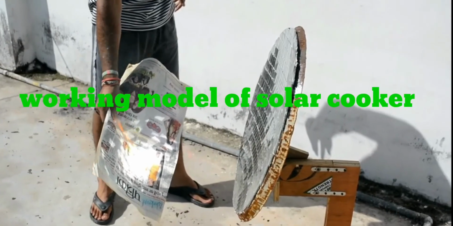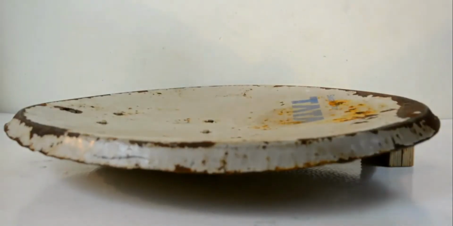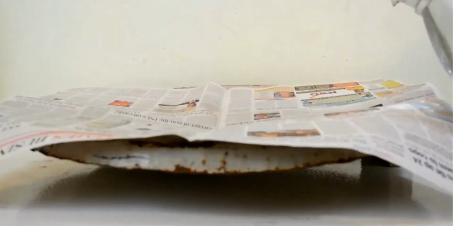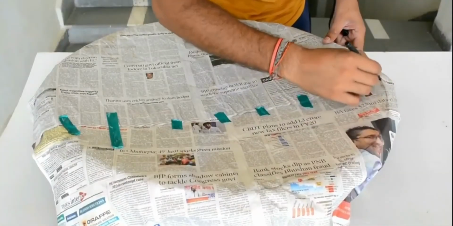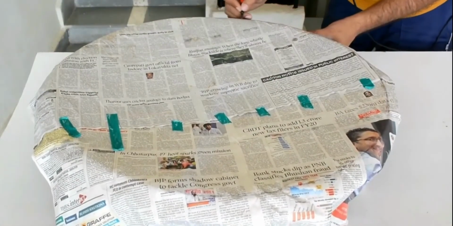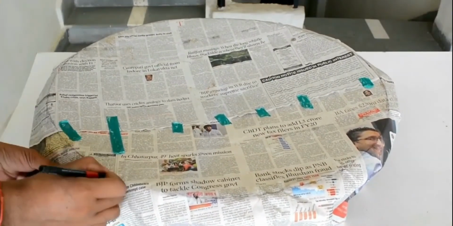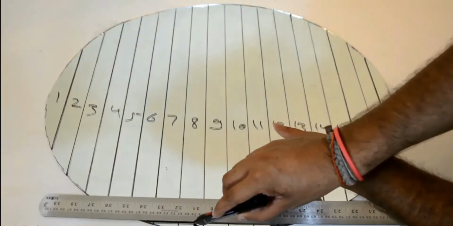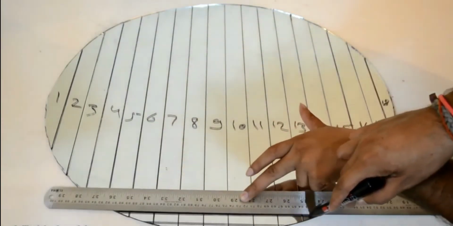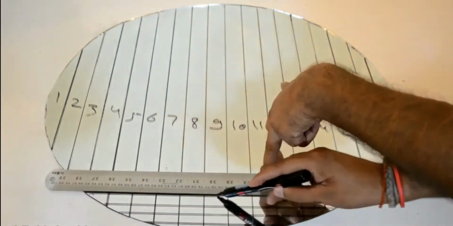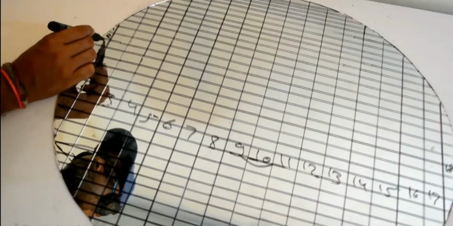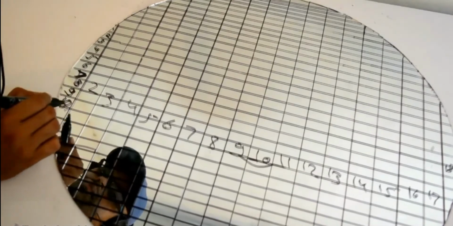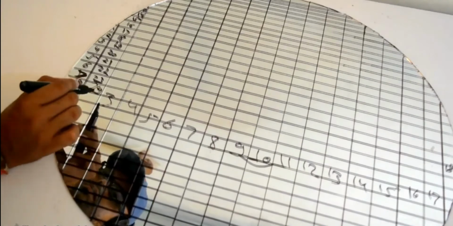Students, now we take the working model of the solar cooker. For making the solar cooker, you have to take one parabolic metal dish like this, and take a paper or cardboard for measuring the glass in a parabolic shape. You cut the glass based on that paper in this parabolic shape, and divide the glass into a number of small strips like this.